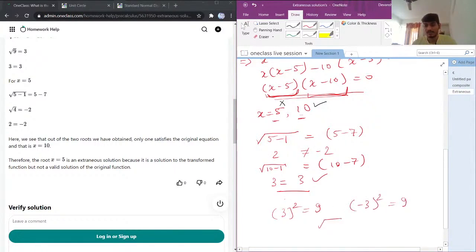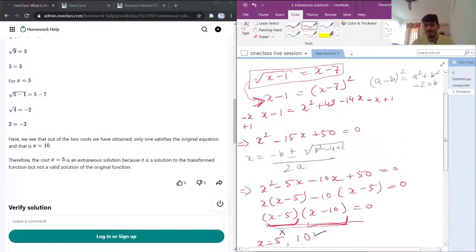So the square root of 9 is plus or minus 3, and the domain of values has both minus 3 and plus 3.